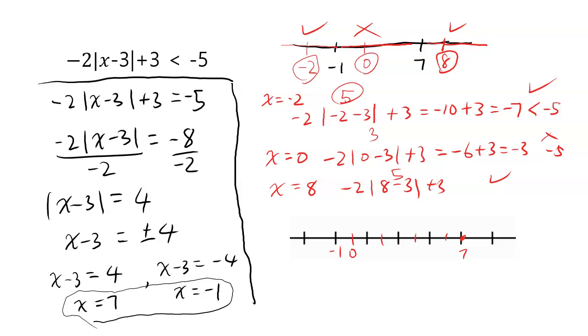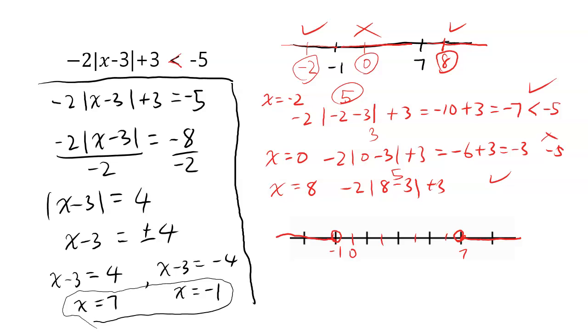The intervals that are correct are before -1 and after 7. Now, what I didn't mention is that if it's a strict inequality, then these boundary points, these endpoints, are not included as part of the solution. If it had an equal sign right here, then you would put a closed circle. But right now, it's an open circle. Put an open circle here, open circle there.